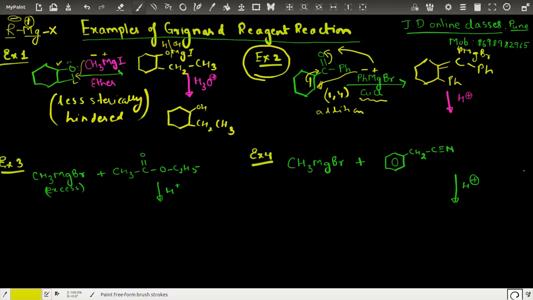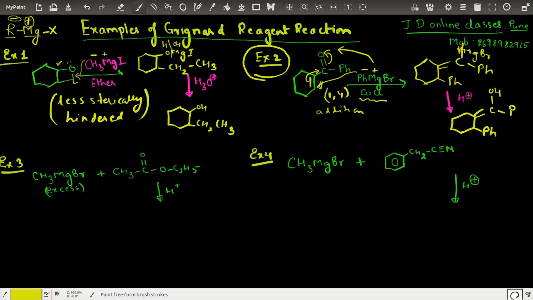Now what happens when we hydrolyze this? When we hydrolyze this, the most fragile bond is going to break. Again this is the bond which is going to break. So ultimately we have something like this: this would be the phenyl which is coming from the Grignard reagent, this is a double bond, this is C, this is OH, and this is Ph.